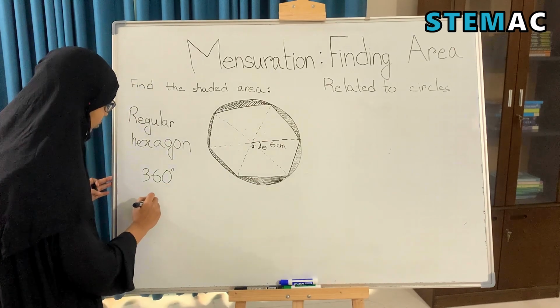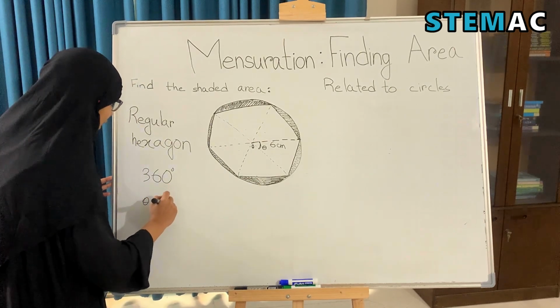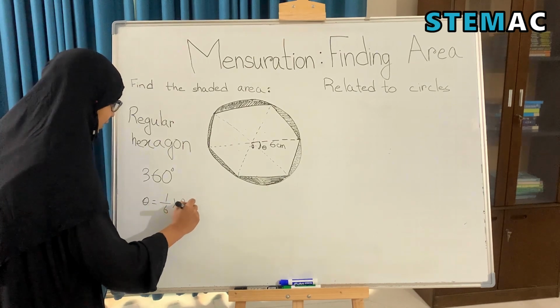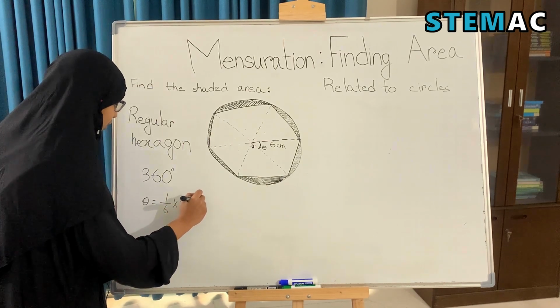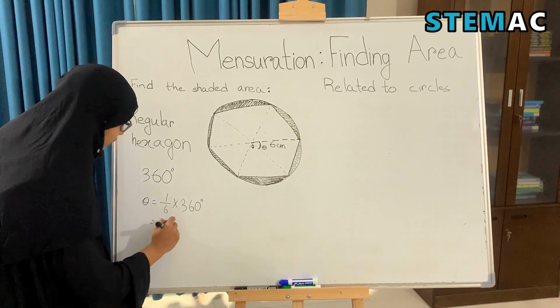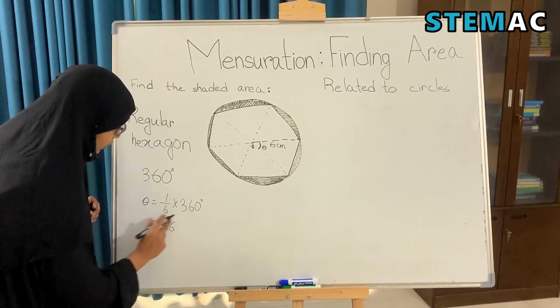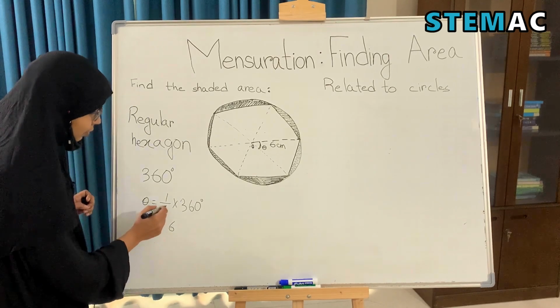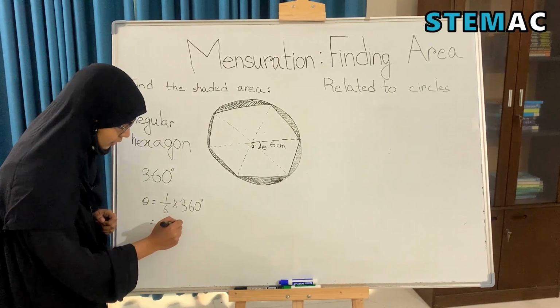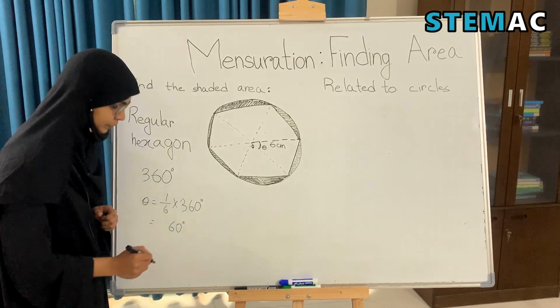Theta equals 1/6 into 360 degree. Sorry, 1/6 into 360, that makes 60 degree.